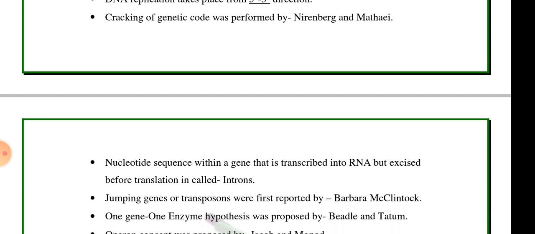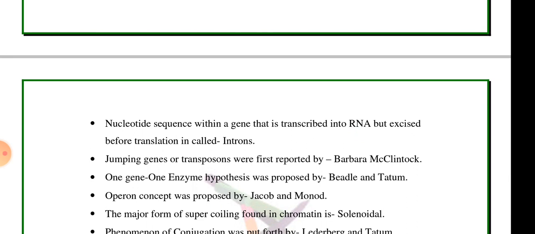They are not an integral or functional part. Jumping genes or transposons were first reported by Barbara McClintock. One gene, one enzyme, or one gene, one polypeptide hypothesis was proposed by Beadle and Tatum.